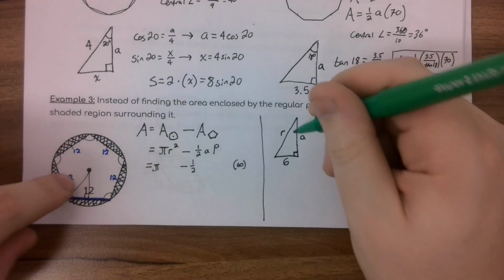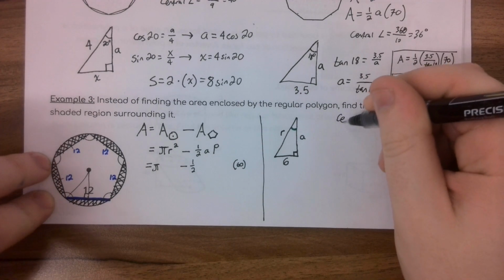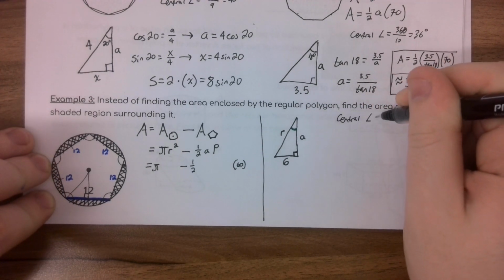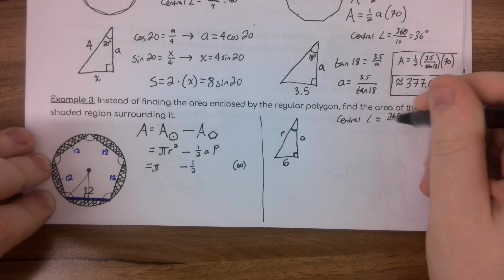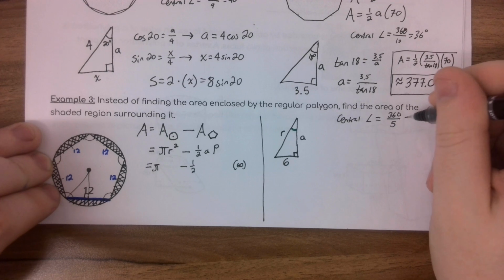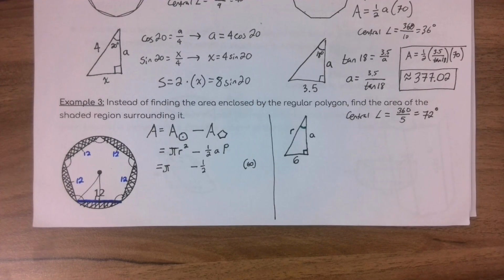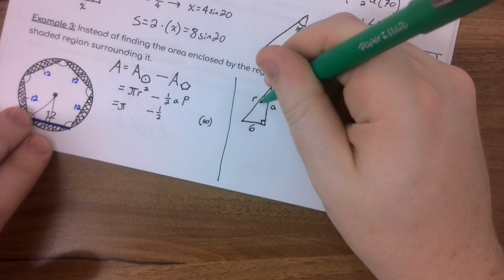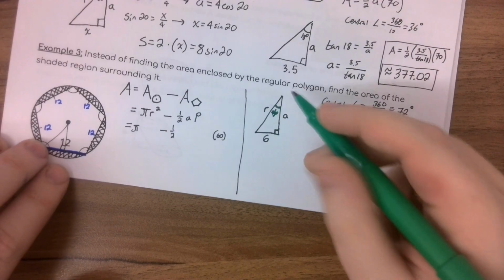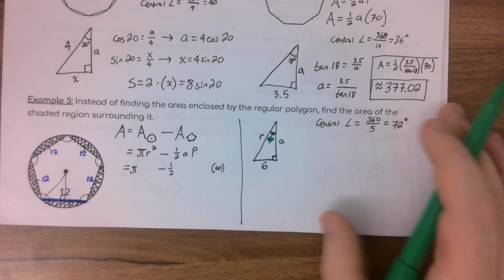The only piece we need is this angle up here. And well, to find that, we just take the central angle and divide it by 2. The central angle of this polygon is going to be 360 divided by 5, because there are 5 sides. 360 divided by 5 is, hey, 72. We already sort of dealt with that angle before. And we know that 1/2 of 72 is 36. So our angle here is 36 degrees.